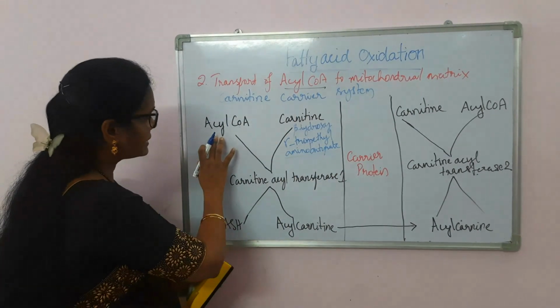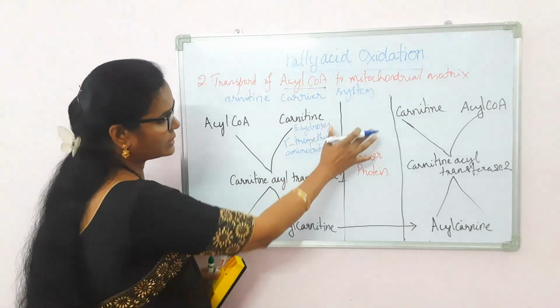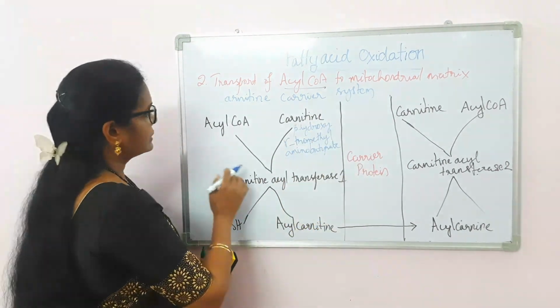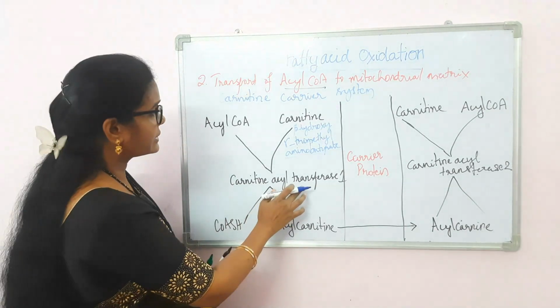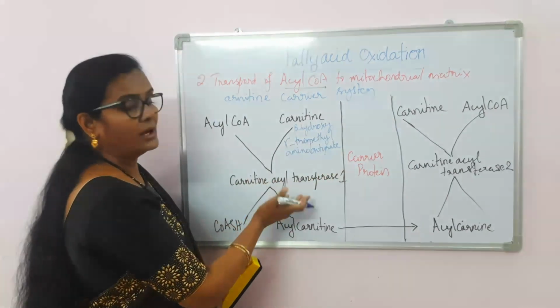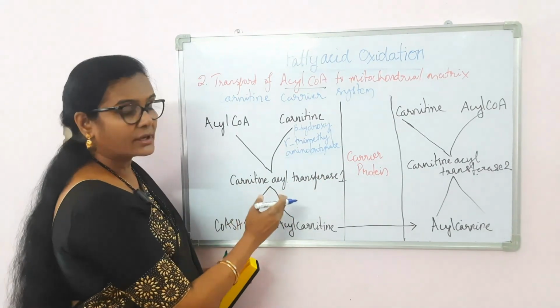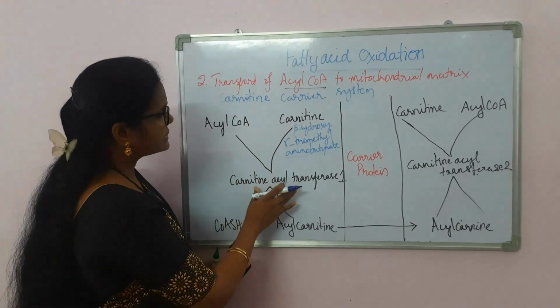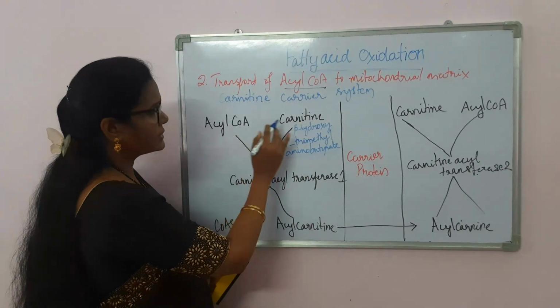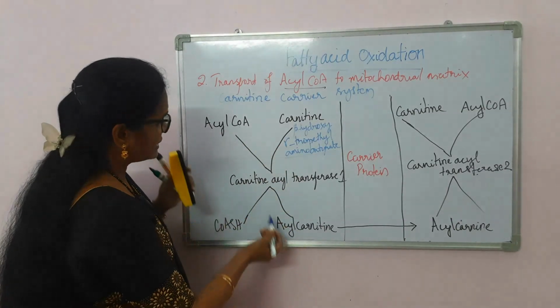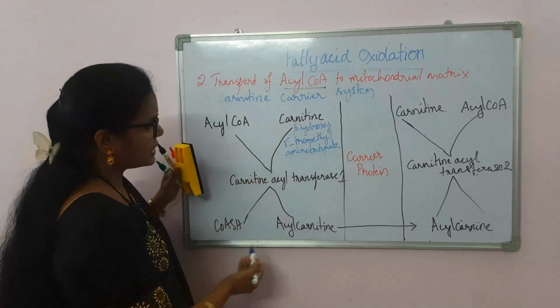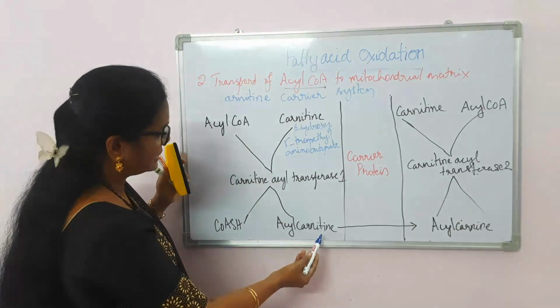The activated fatty acid acyl CoA is impermeable to the inner mitochondrial membrane. So with the help of carnitine acyl transferase 1, which is present on the outside of the mitochondria, acyl CoA is going to combine with carnitine. When the acyl group of acyl CoA is transferred to carnitine, it becomes acyl carnitine.